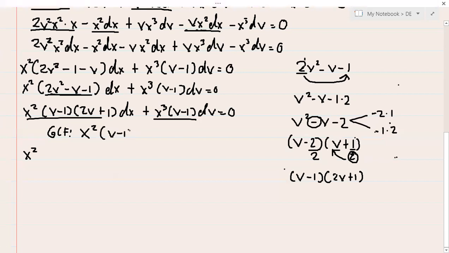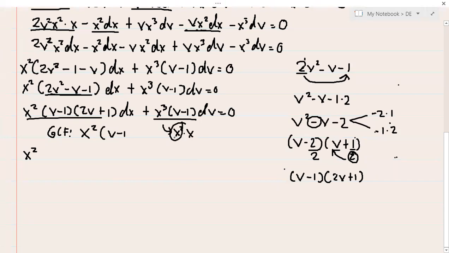Okay? Kasi ito, sa first term, meron kayong v minus 1. Tapos sa second term, meron kang v minus 1. Tapos dito sa first term, meron kang x squared. Ito, sa second term, si x cubed, pwede ko namang siyang bawasan into x squared by separating the two exponents ng x. So from x cubed, magiging x squared times x.